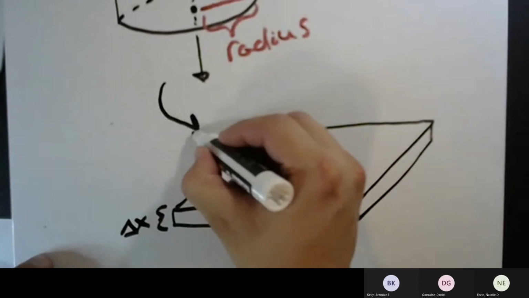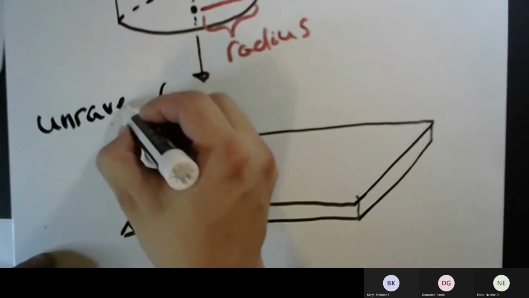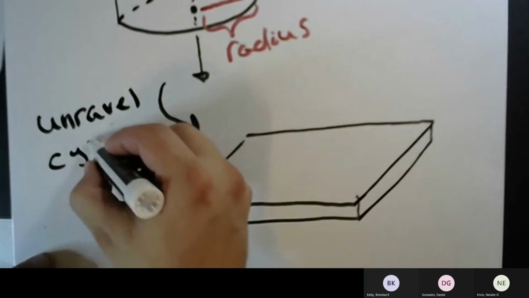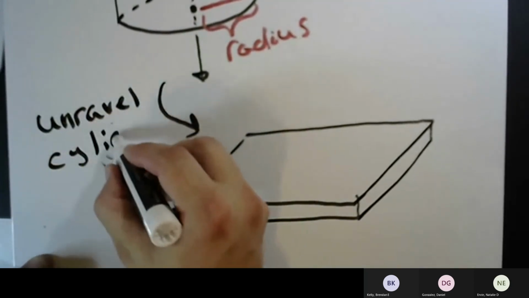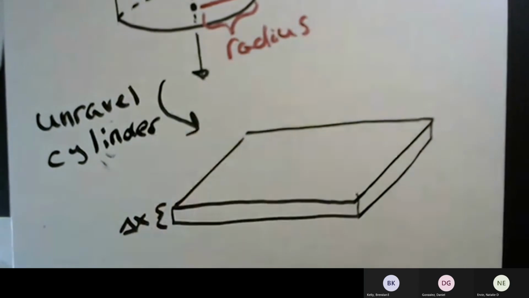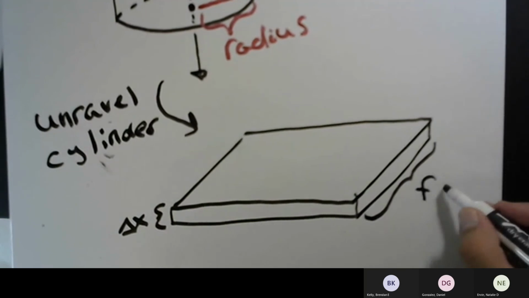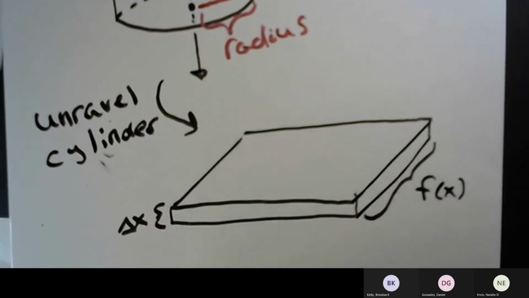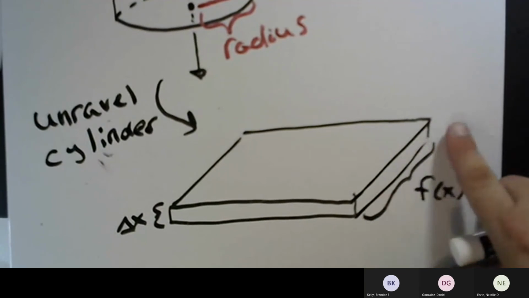So if we unravel, so we have the height, f of x.